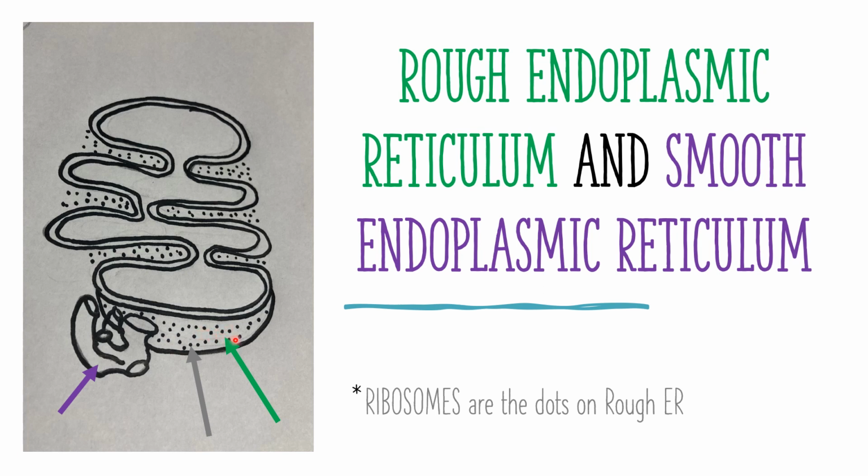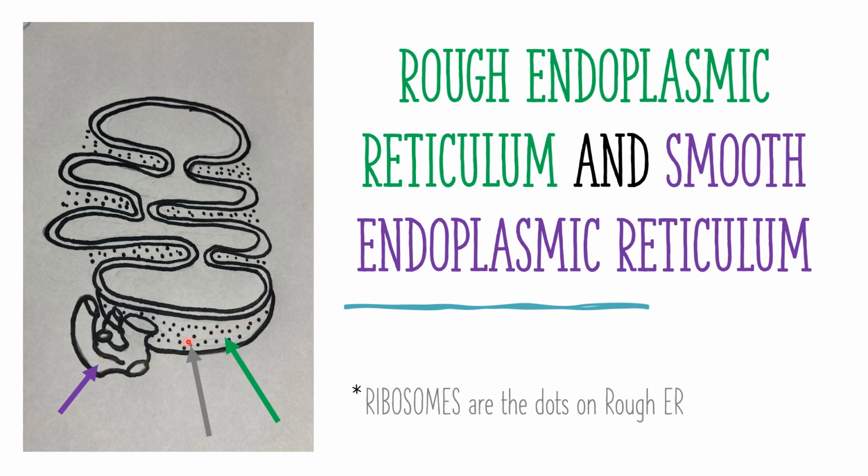So from the nucleus, the outside layer is continuous with the rough ER. This rough ER contains ribosomes. That's why it has the dots on it. Those are ribosomes, and you can link that to why it's rough. Those ribosomes are responsible for peptide and protein synthesis.